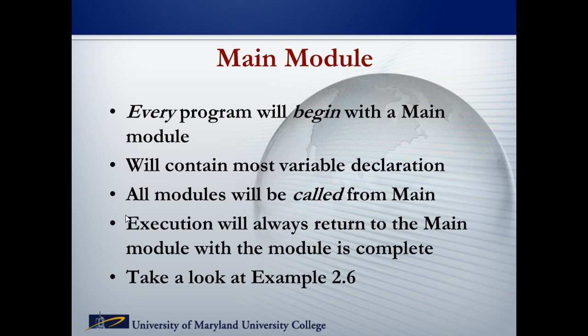That almost never happens. And we'll see in a few minutes that when a submodule is called from the main module, it goes out to the submodule and does what it needs to do, and then comes back to the same spot, and then executes the next line in the main module. So let's take a look at that real quick, and we'll see how that works.